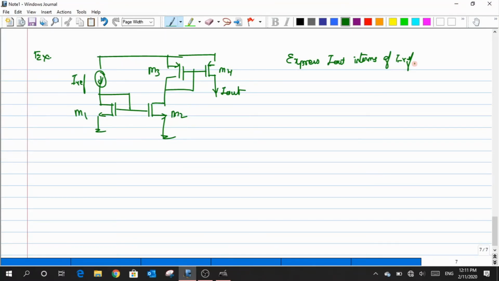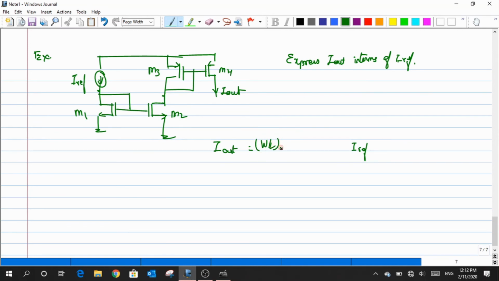You guys got it? So how will I define this I out in terms of I reference? First of all, I need to know what is the relation that is shared from this point to this point, right? So the current that is flowing through the drain of M2 to the drain of M1. What is that relation that they share?